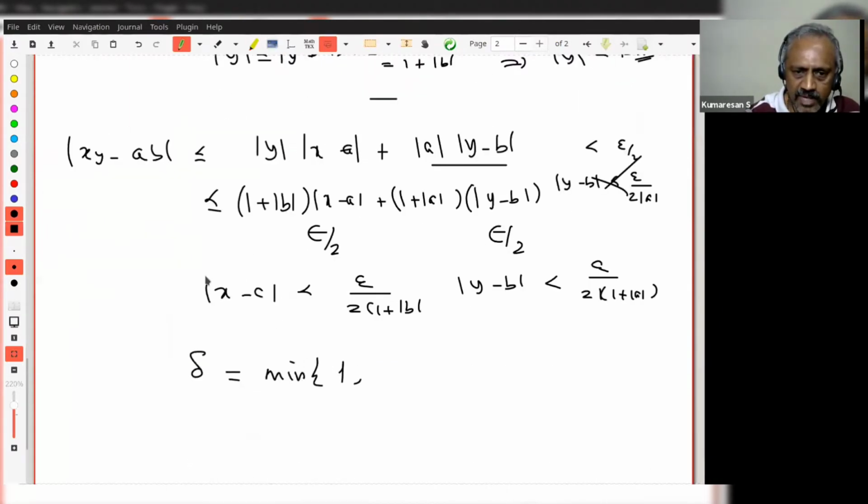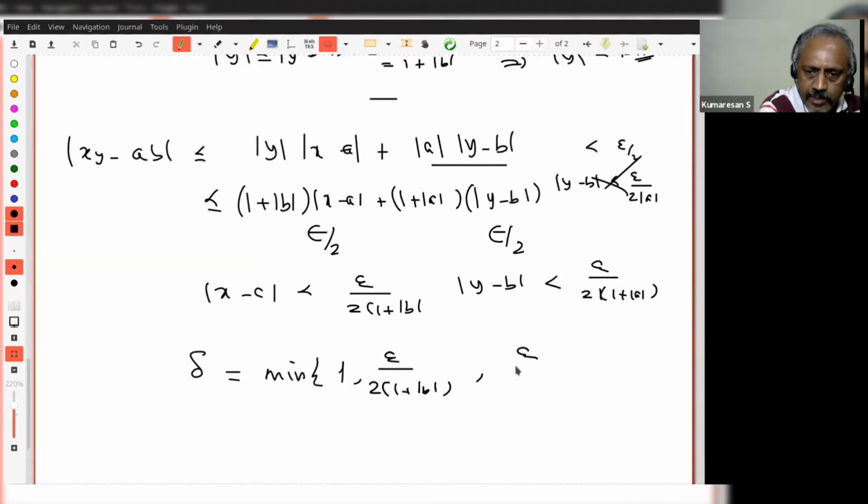Next, I want this to be less than epsilon whenever mod x minus a is less than delta. Therefore, I want my delta to be less than this, and similarly delta to be less than this number. Therefore, what I want is epsilon by 2 into 1 plus mod b, and epsilon by 2 into 1 plus mod a.